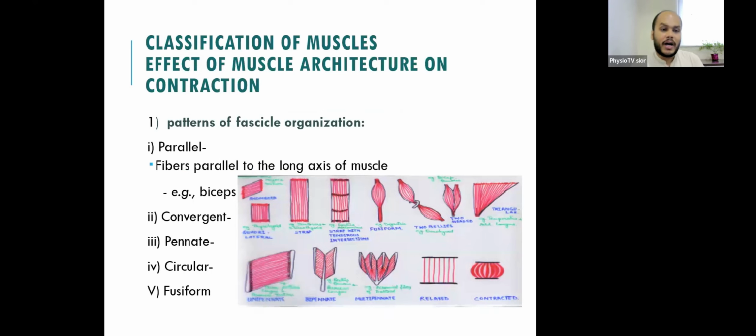So the first part is the parallel type of muscles. In the muscle architecture, the fascicles are provided in a straight line.